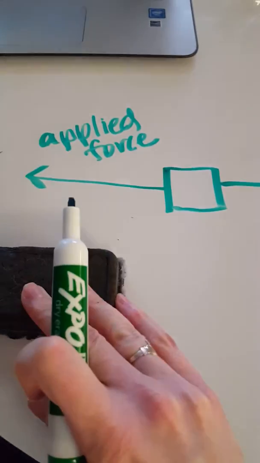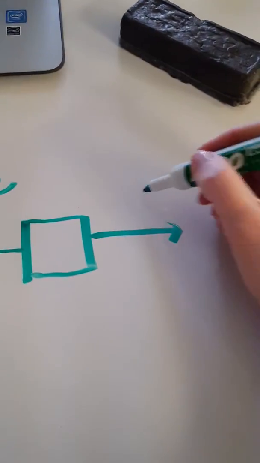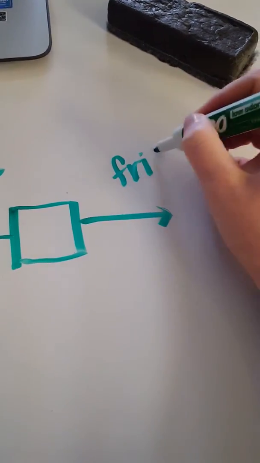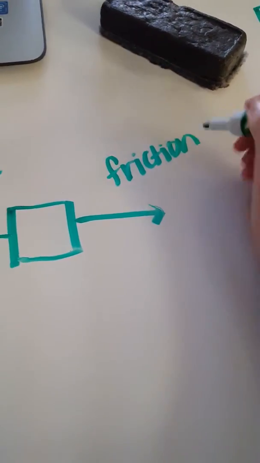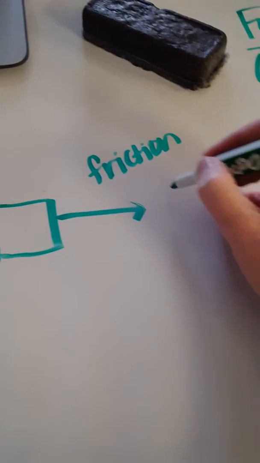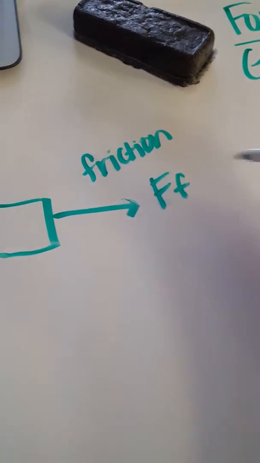In this case, I was pushing the eraser in that direction. So that means then that my friction is going to be in the opposite direction of the applied force, and we call that F of F.